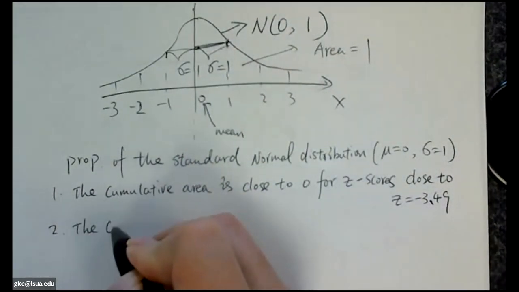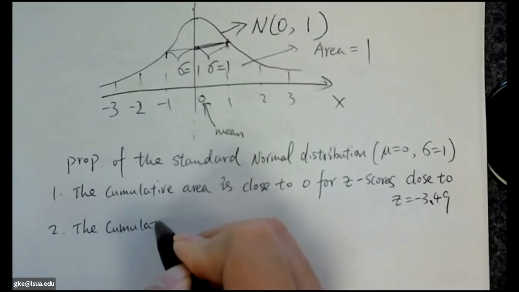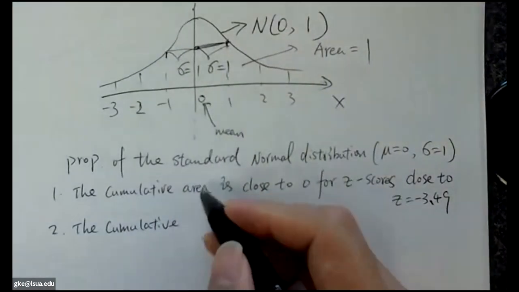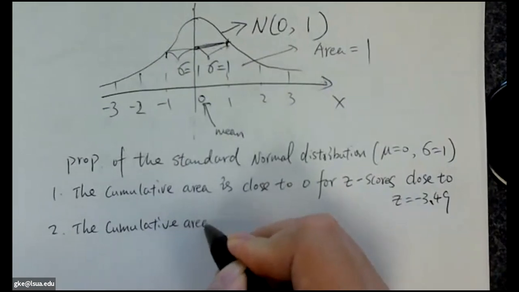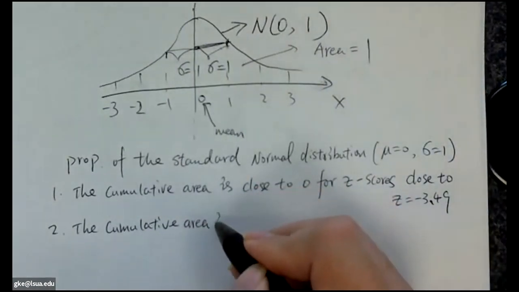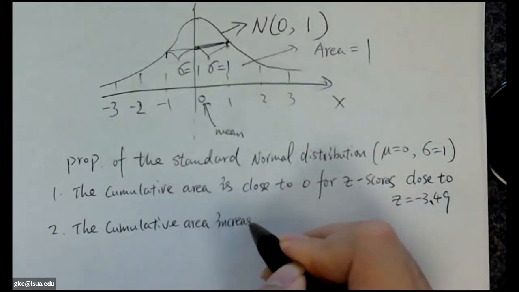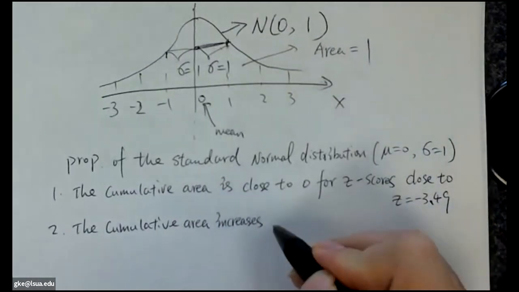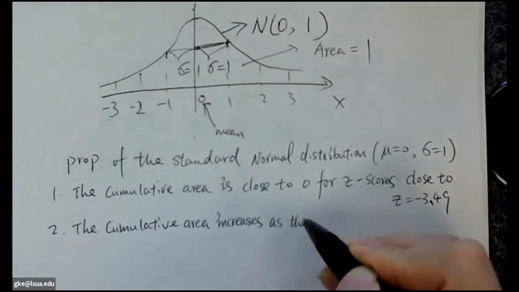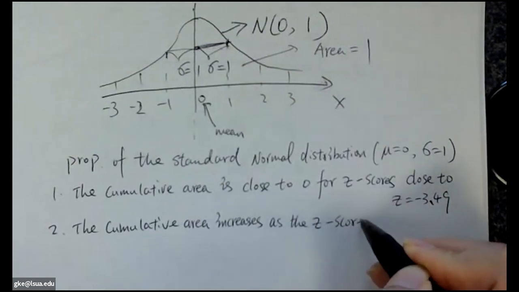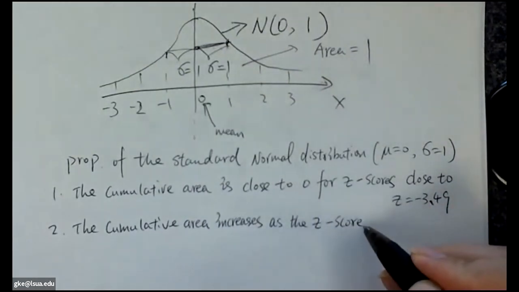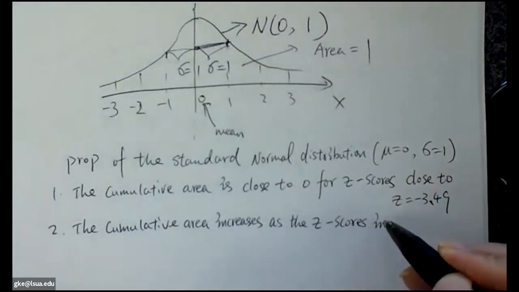Second, the cumulative area increases as the z-scores increase.